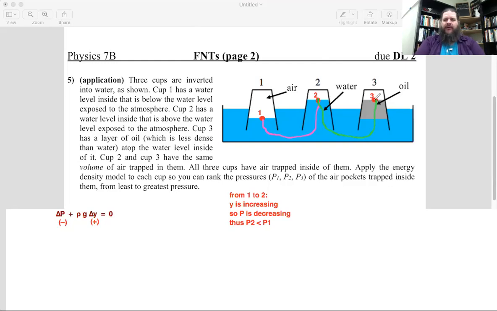Yeah, if we're going from 2 through water, then through oil to 3, that's 2 different fluid systems, so that doesn't work. What we could do instead, though, in general, anytime you've got multiple fluid systems, it's a good idea to just put extra markers, extra labeled locations at any surface where they come together, any interface. So at the interface between oil and water, let's put another mark, and let's just call that location 4.